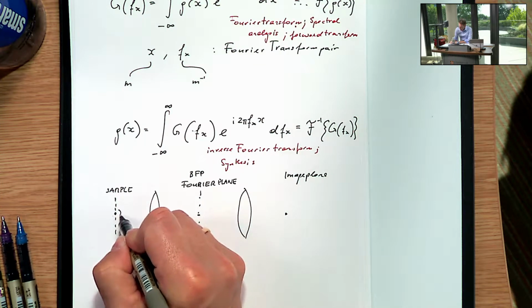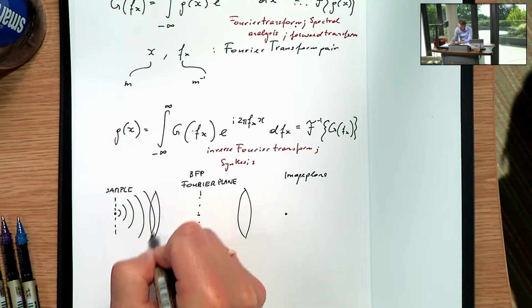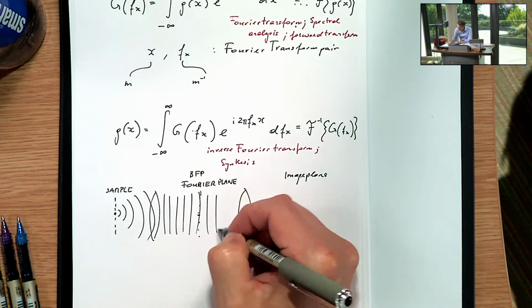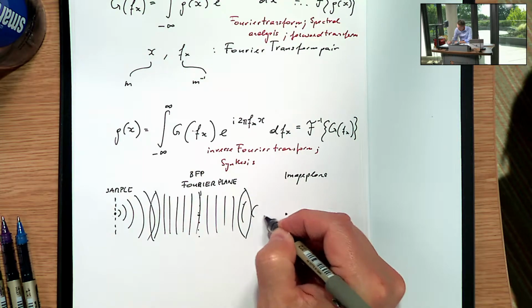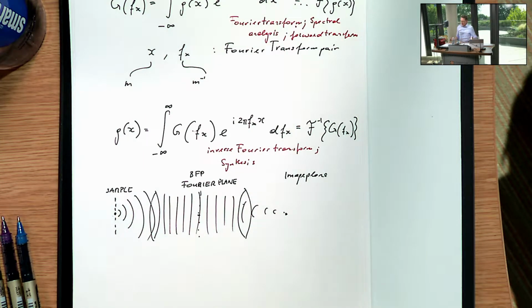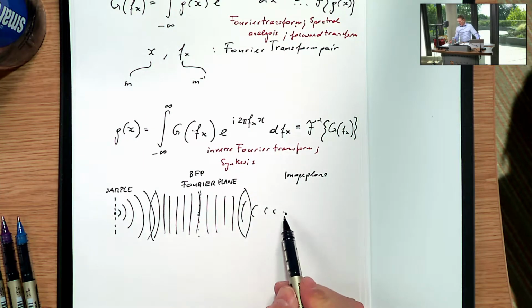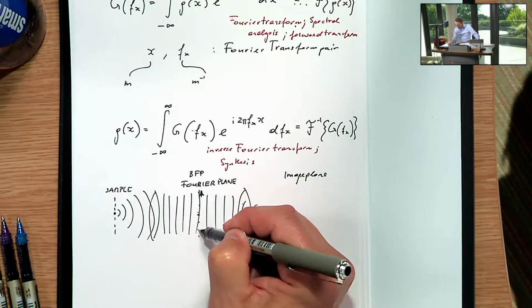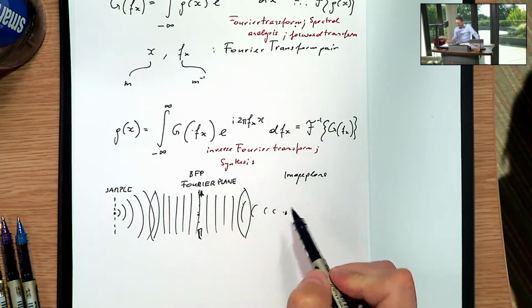So let's just see this. You have a spherical wave coming out here, a parallel wave from this point, plane wave, sorry, and then you form back, you get your image point over there. But it's now synthesized with a subset of frequency components.